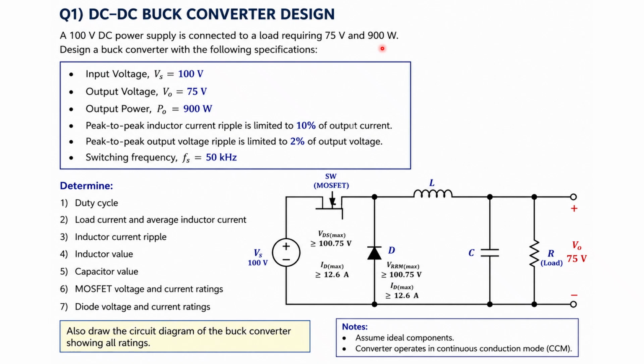Design a buck converter with the following specification: input voltage is 100 volt, output voltage is 75 volt, output power is 900 watts, peak to peak inductor current ripple should be limited to 10% of the output current. Peak to peak output voltage ripple is limited to 2% of the output voltage, and switching frequency is 50 kHz.